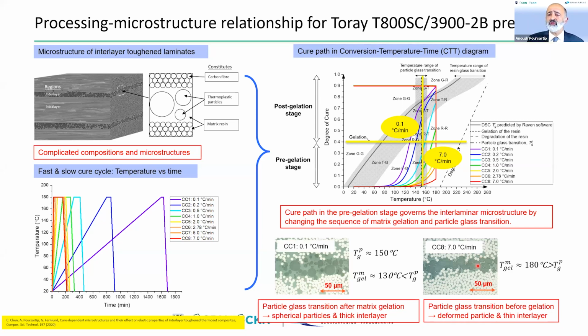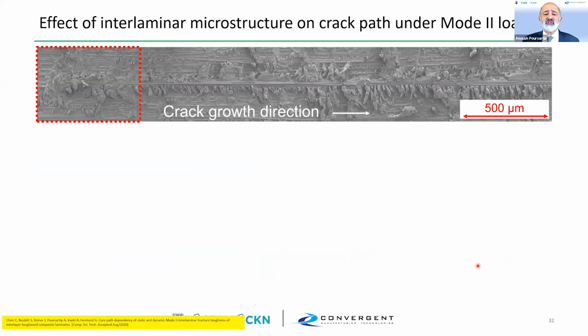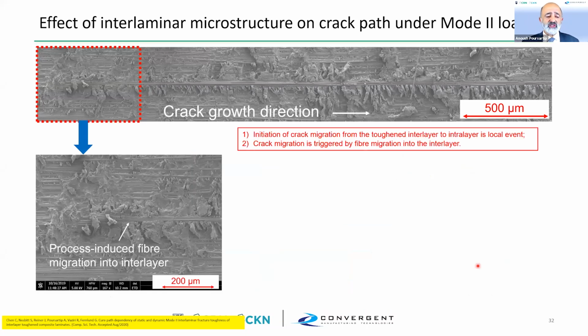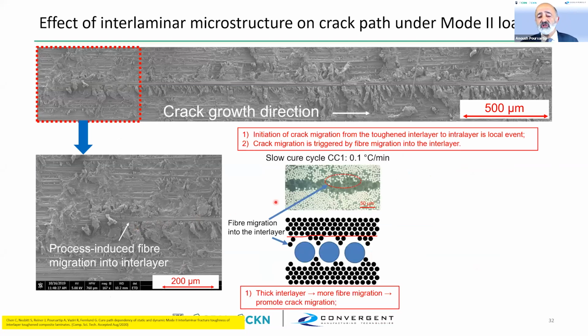But there's one more little nuance that we have to understand, which is that if we actually look at the crack surfaces of a mode 2 failure, what we see is that some fibers have migrated into the interlayer due to the process history. This occurs for the thick interlayers, for the slow cycles.